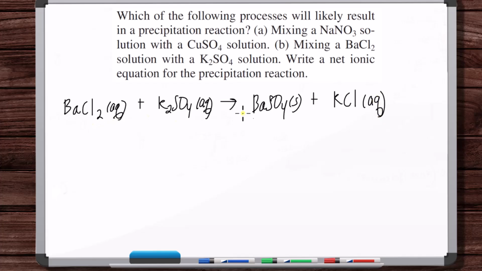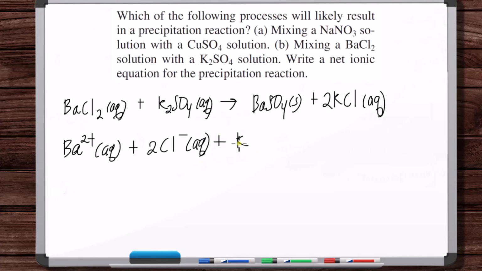There's the unbalanced molecular equation. Now to balance this, now the potassiums are balanced, the chlorines are balanced, the bariums are balanced, and the sulfates are balanced. So now let's write the ionic equation. So Ba2+, and then 2 Cl-, then we have 2 K+, and an SO4 2-.